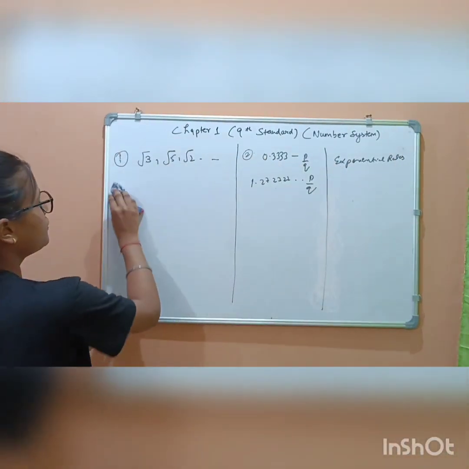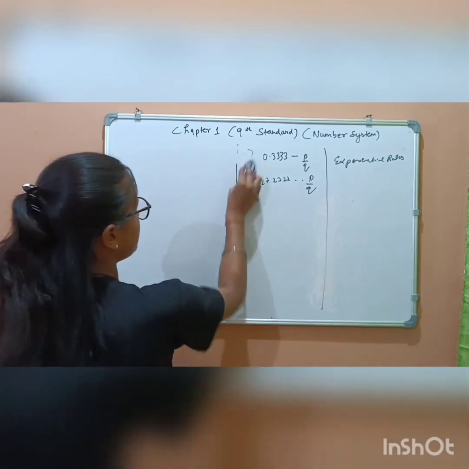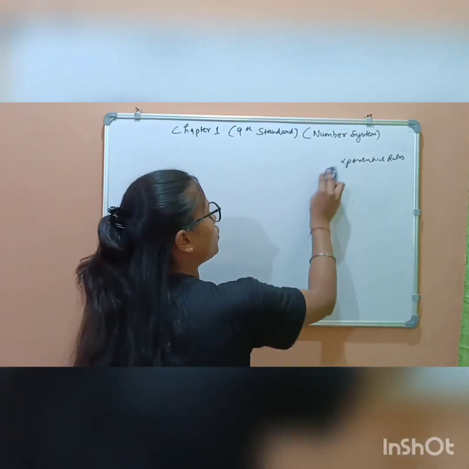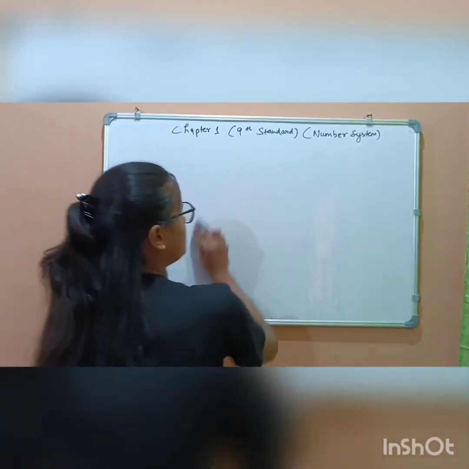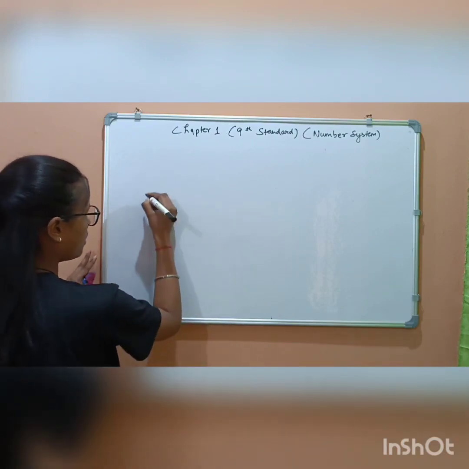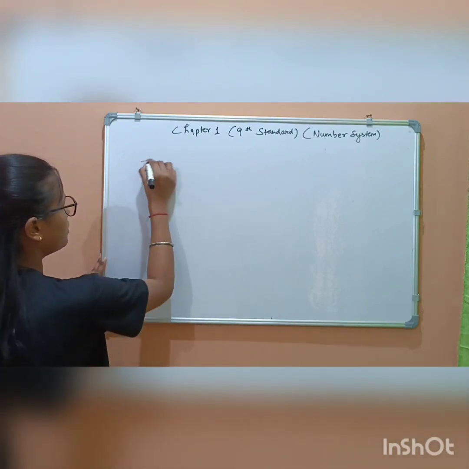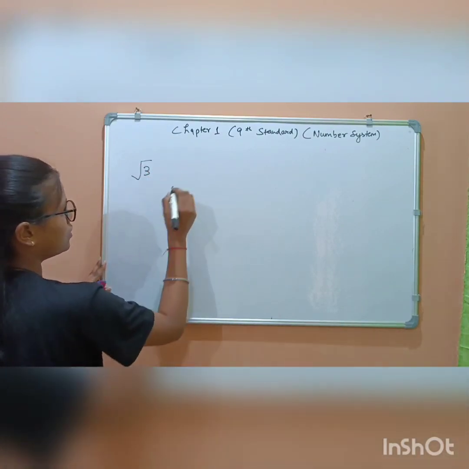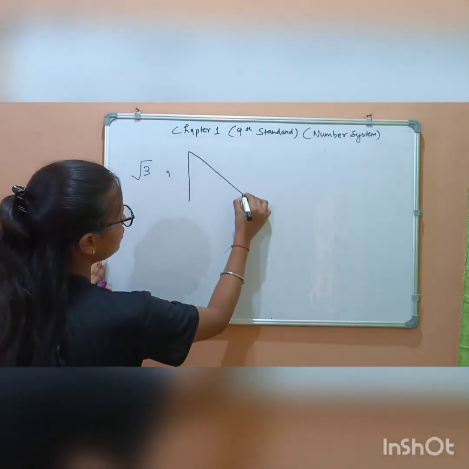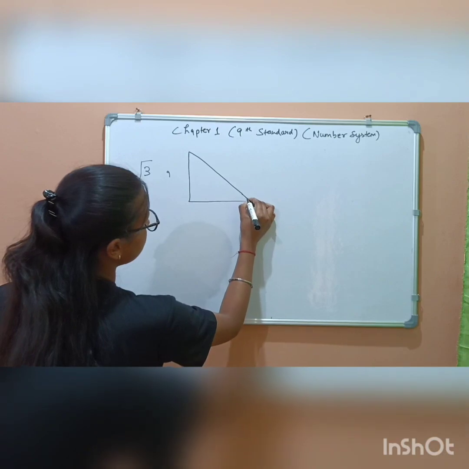Okay, so I'll cover the very first part, that is how to show the irrational numbers like root 3, root 5 and root 2 on number line. I am showing root 3. You know Pythagoras theorem is applicable only for right angle triangles.